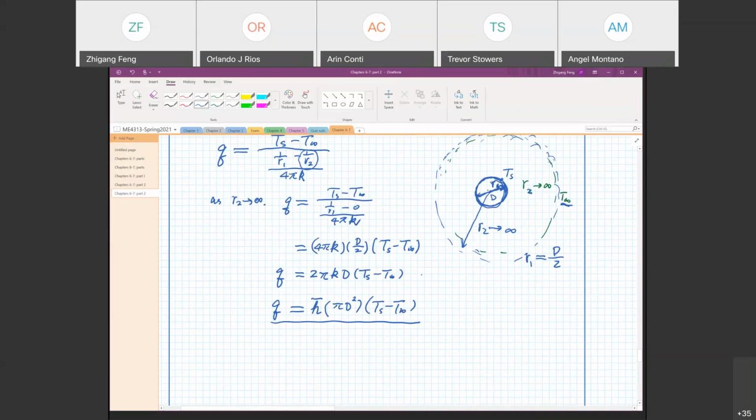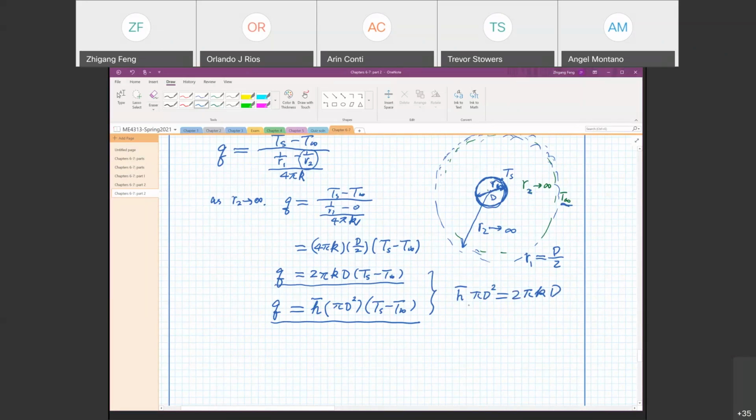So we compare these two equations. We find h bar multiplied by pi d squared has to be equal to 2 pi k multiplied by d. The first equation is based on the conduction between the surface of the sphere and the outside fluid. The second equation is using the convection formula.